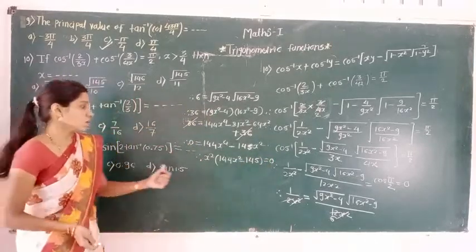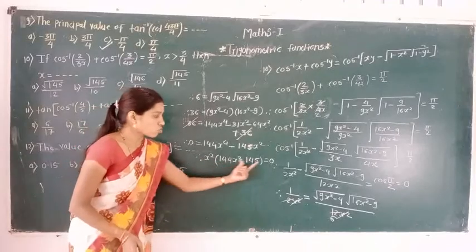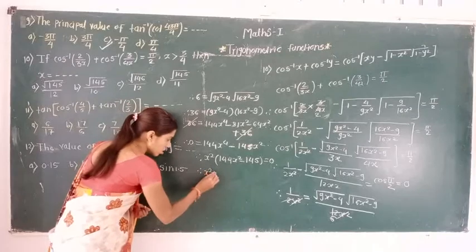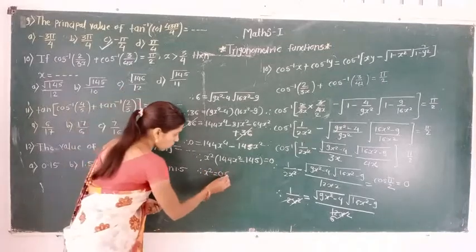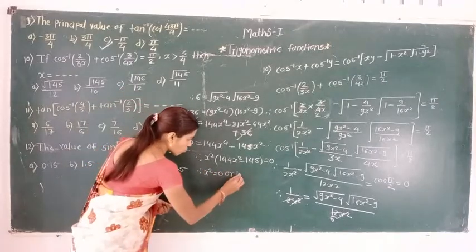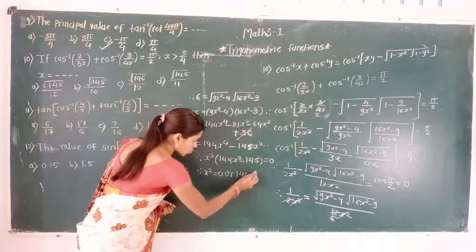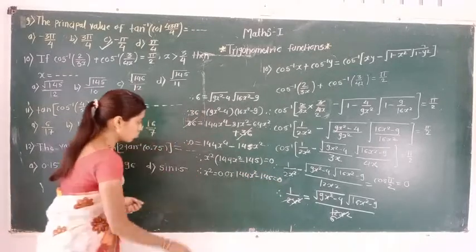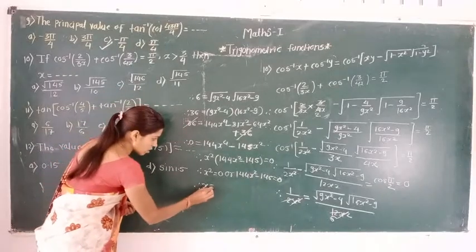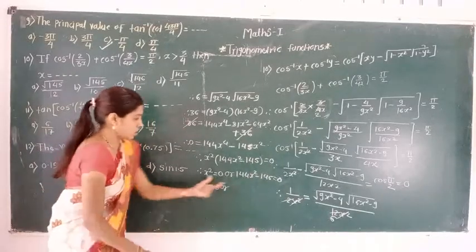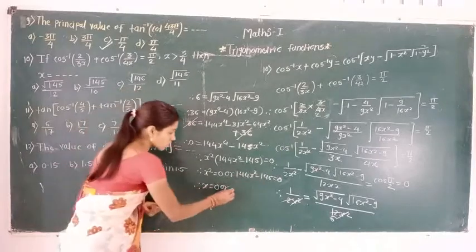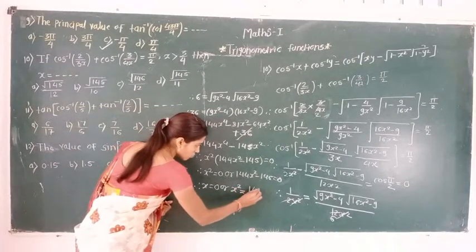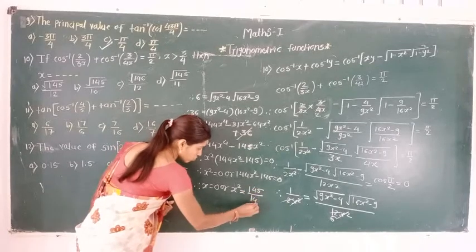Okay, so in that case product of these two terms is 0, so we can write either x square is equal to 0 or the value of 144 x square minus 145 is equal to 0. So in that case we can write x is equal to 0, or simplifying this equation we get x square is equal to 145 divided by 144.